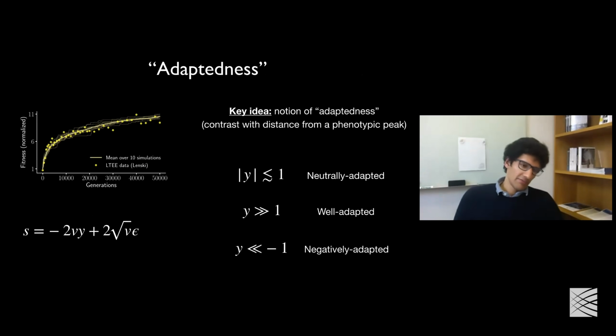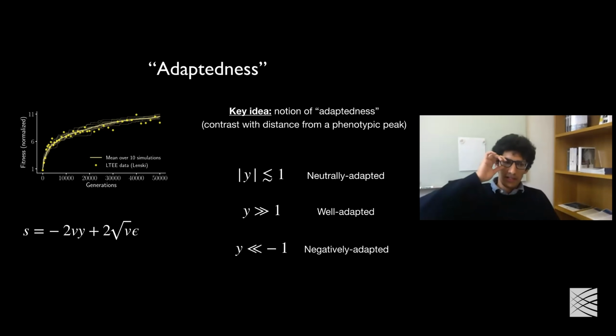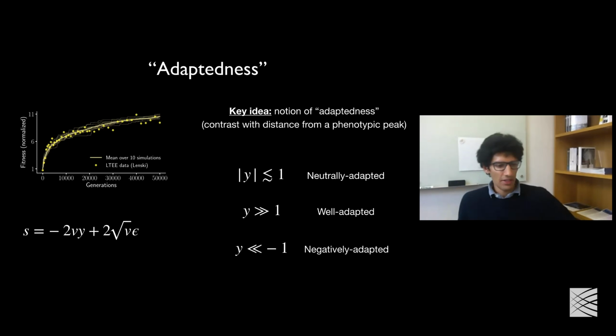I guess I'm running out of time, but I'll just say that the key conceptual idea that we are proposing here is that when there's a lot of epistasis, instead of thinking about a phenotypic model where you have a single optimum and you're going up this optimum, perhaps a better way to think about this is that you have a notion of adaptedness, right?